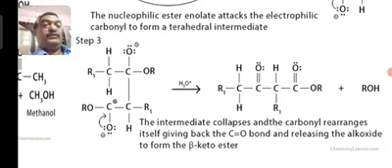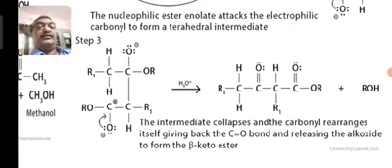So here the intermediate collapses and the carbonyl itself gives back C double bond O, releasing the alkoxide to form the beta keto ester. So this is called a beta keto ester: RC double bond O CH2 C double bond O OR. So beta keto esters are going to form by this specific reaction.